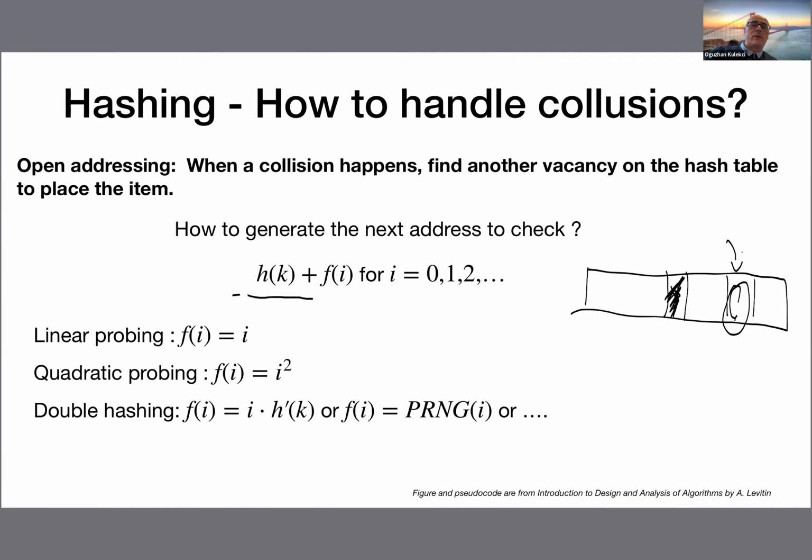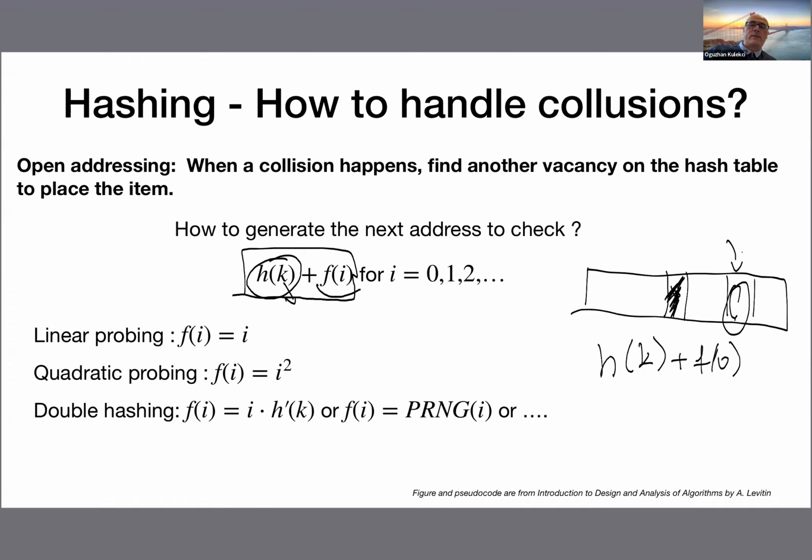In general, we can formalize it this way. The key is the object's hash code, and you compute the hash of this object and add an offset. Initially, you check position HK plus F0.